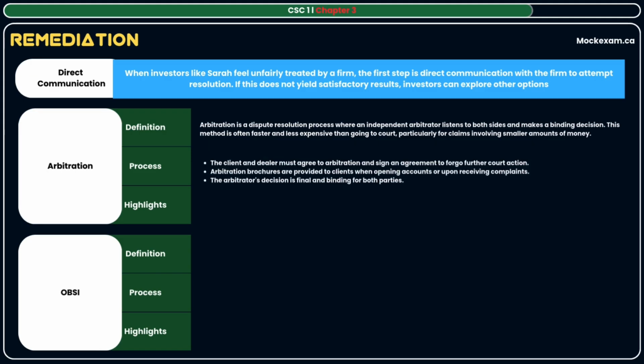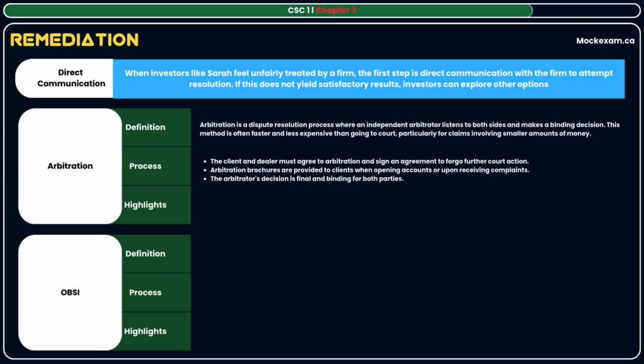The client and dealer must agree to arbitration and sign an agreement that they won't pursue further court actions. Then, arbitration brochures are provided to clients when opening accounts or upon receiving complaints. What's the outcome? The arbitrator's decision is final and binding for both parties. It's like a judge. It's binding.